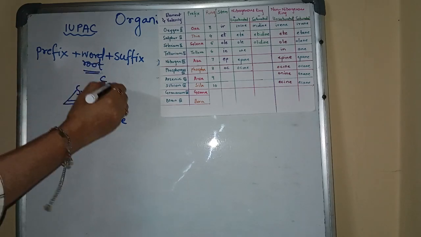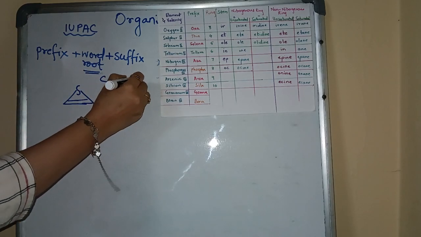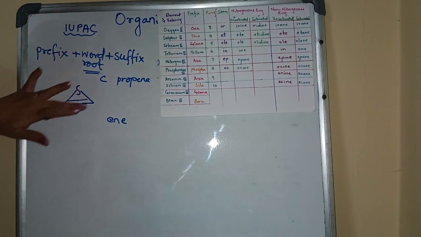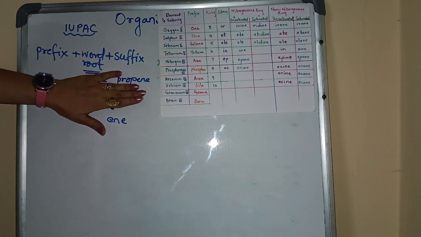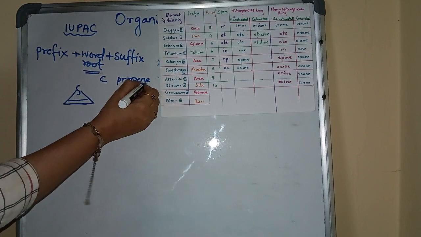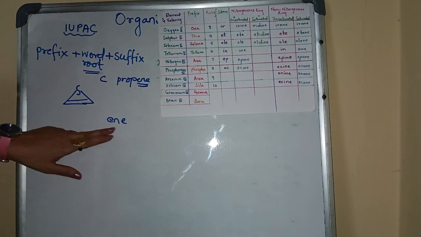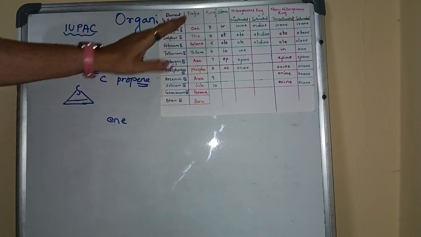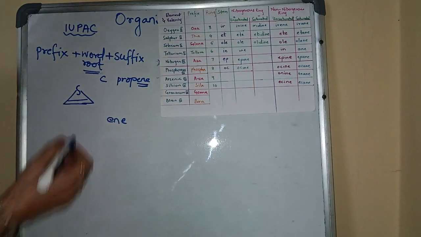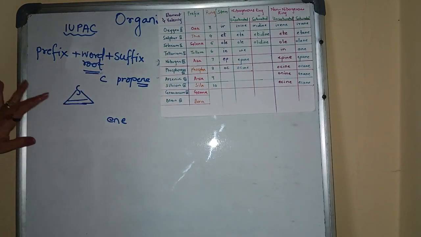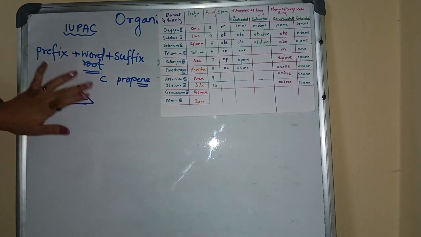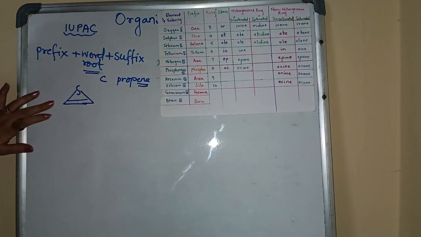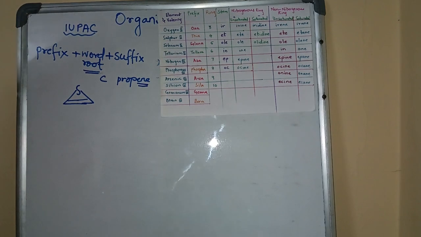If 3 carbon atoms, directly we say it is propene. But here it is a heterocyclic compound. Therefore, we cannot use this kind of naming system. We cannot even use this kind of suffix. Now it is a 3-membered ring. The first and foremost thing we have to see is how many atoms are present. The number of atoms present here is 3.